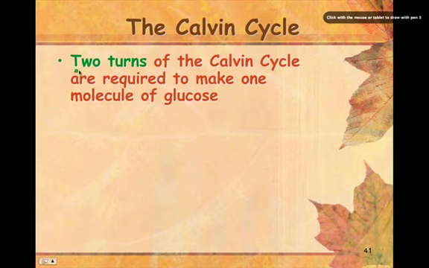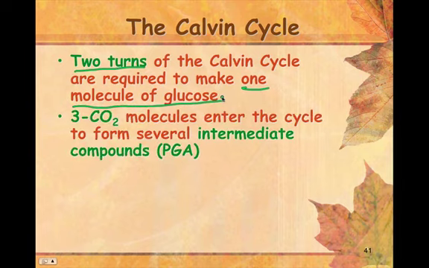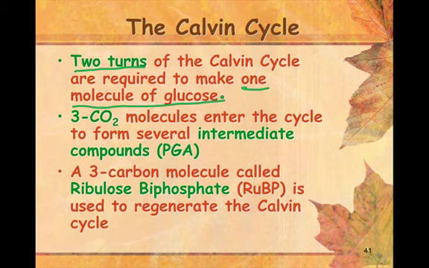Once again, 2 turns of the Calvin cycle make 1 molecule of glucose. 3 carbon dioxide molecules enter the cycle to form several intermediate compounds that are called PGAs. A 3-carbon molecule called ribulose biphosphate is used to regenerate the Calvin cycle.